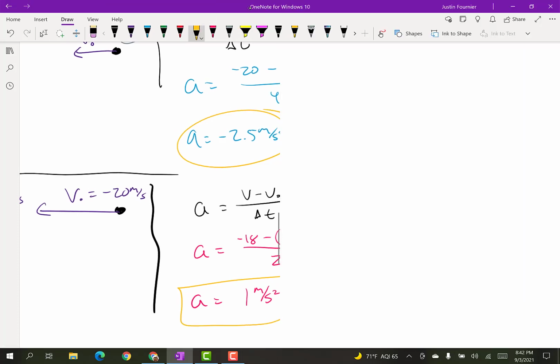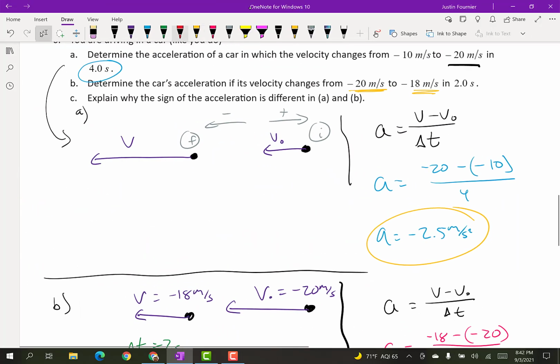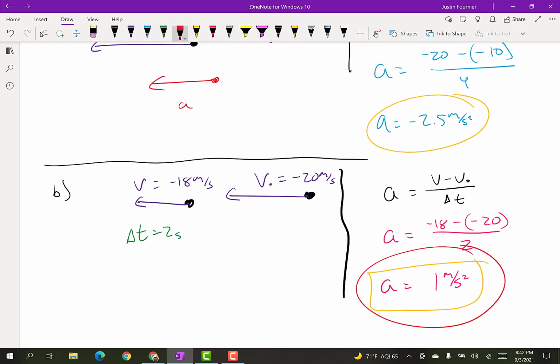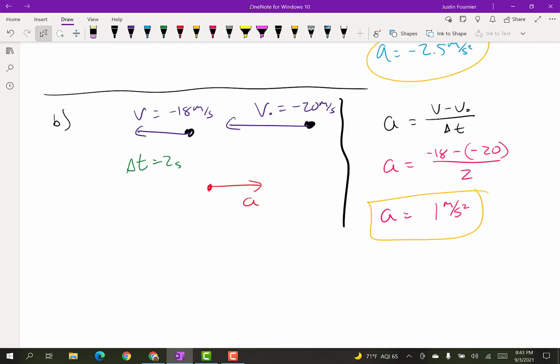So that basically means, with this one, my acceleration is pointing in the positive direction, so it's pointing this way, against the velocity, and that's why it's slowing down. That's why you go from 20 to 18.